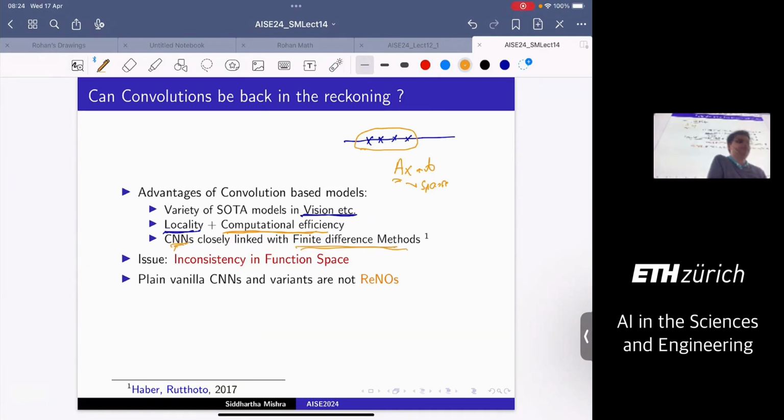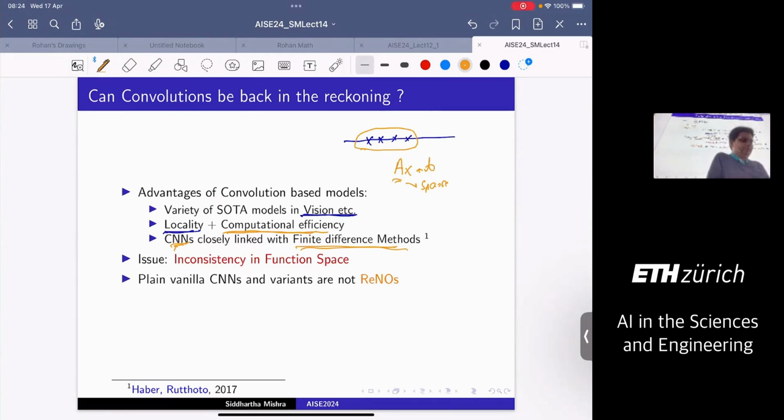Finite difference methods are a very popular way to solve PDEs. And it turns out that you can rewrite finite difference methods in terms of convolutional kernels. I won't do it here. This has been done some time back. So there is an intrinsic link between these methods. So given these considerations, it makes sense that we bring back convolutions into the reckoning, right?